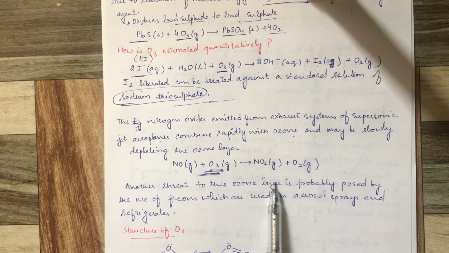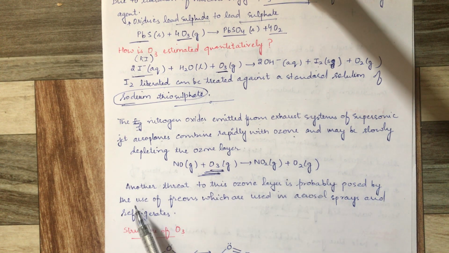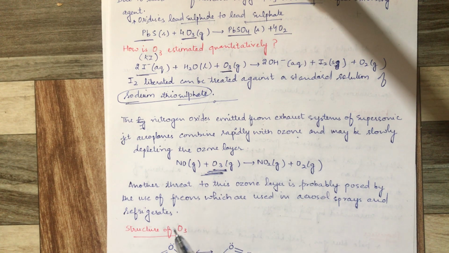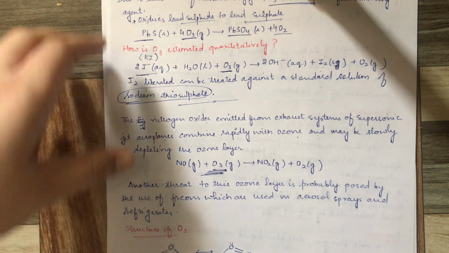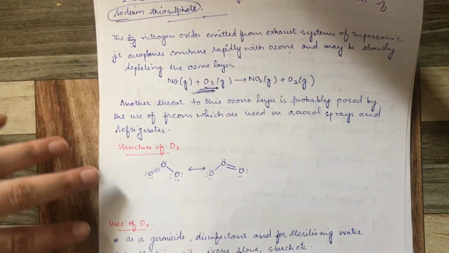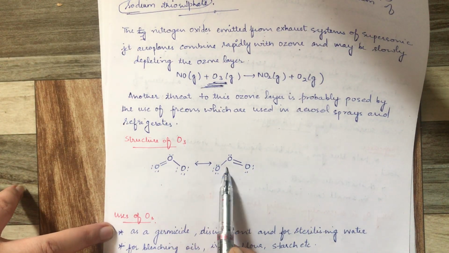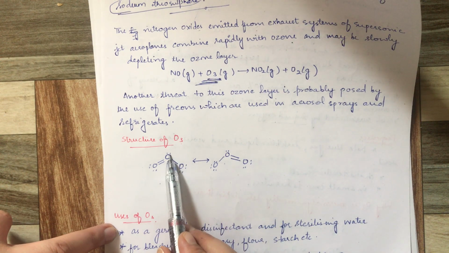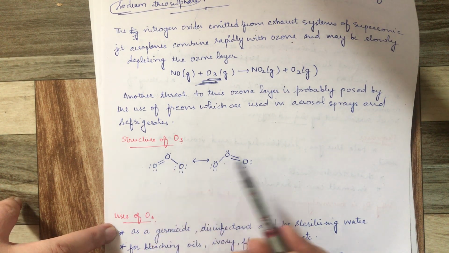Another threat to this ozone layer is probably posed by the use of freons, which are used in aerosol sprays and refrigerators. Now we talk about O3. O3 exists in resonance, hence both the oxygen bonds are equivalent.